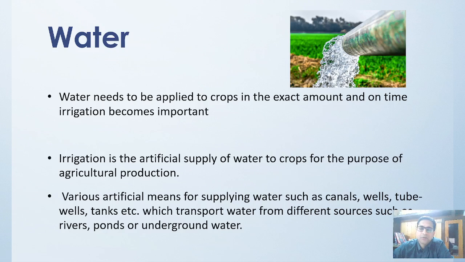Why are we talking about water? Water is everywhere, but the major importance of water everybody knows, like where it is required. It is for drinking, it is for sanitation, it is for agriculture. Because if we don't have water, agriculture will not be able to sustain on the earth's surface, and if agriculture is not there, then humanity will not survive on the earth's surface.